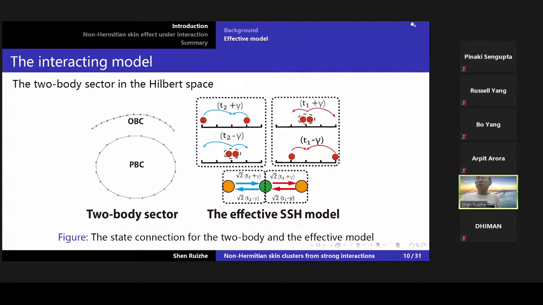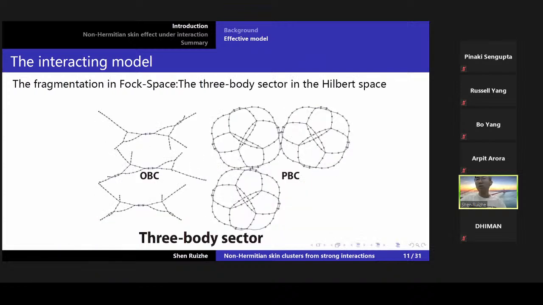Now let's check the 2-particle model first. This is a Hilbert space graph. We can see this is just a 1D chain, and we can also label the amplitude of the links. And we found that this model is just equivalent to a simpler model. We also plot the Hilbert space graph for the 3-particle model, and there is evidence of Hilbert space fragmentation.